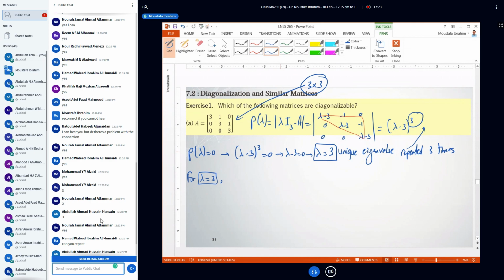Okay. Now let's find the eigenvectors. Hopefully we have 3 linearly independent eigenvectors. So here we solve (lambda I3 minus A) V equals 0. Now this V here, is it (a, b, c) or (a, b)?